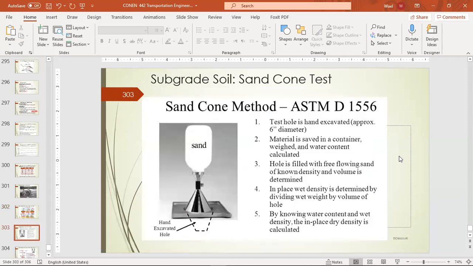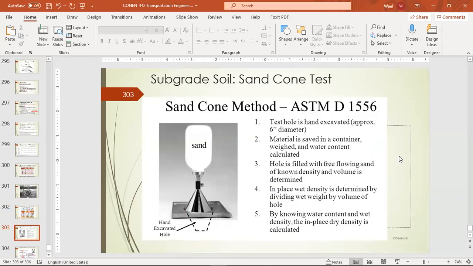Then we discussed here the sand cone method. Basically it's very simple. We have this plastic jar that contains specific calibrated sand, and we know the specific density of that sand, and we have this cone connected to this jar, and it is of a known size.